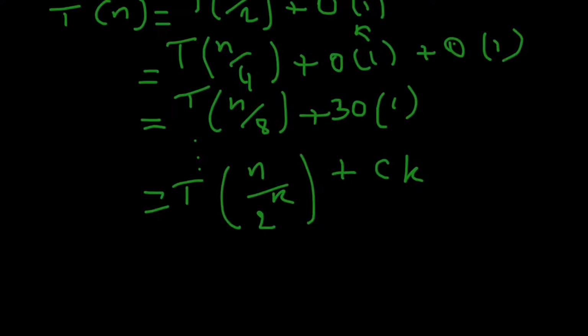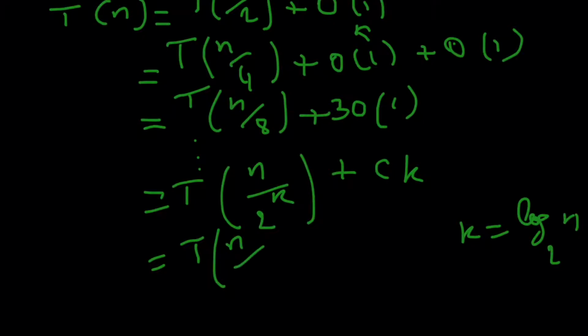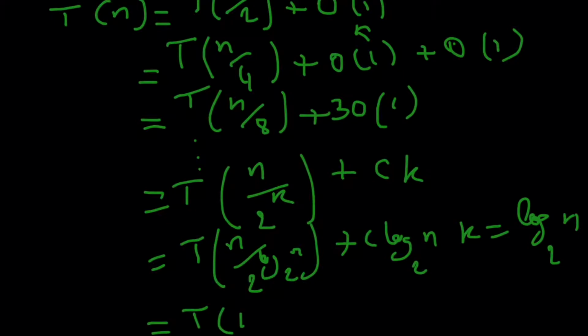And with this we can see that if we substitute k with log base 2 of n, we get T of 2 to the log base 2 of n plus c times log base 2 of n. With this we would get the final solution, which would be T of 1 plus c log n, where c is just a constant that I'm replacing O of 1 with, since O of 1 is just constant work.